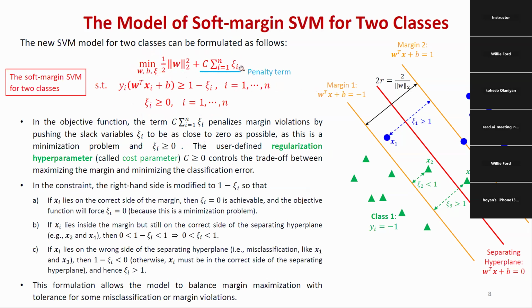And hence, what's going to happen? The problem itself will always choose a small xi. Why? Because xi is non-negative. So of course, if xi can be 0, I can choose 0. Let's say 0 is feasible for xi_i.